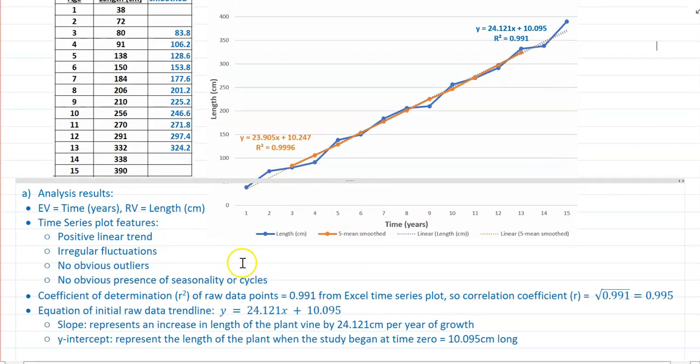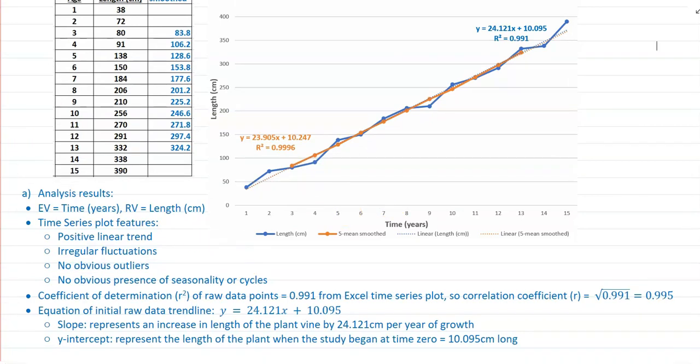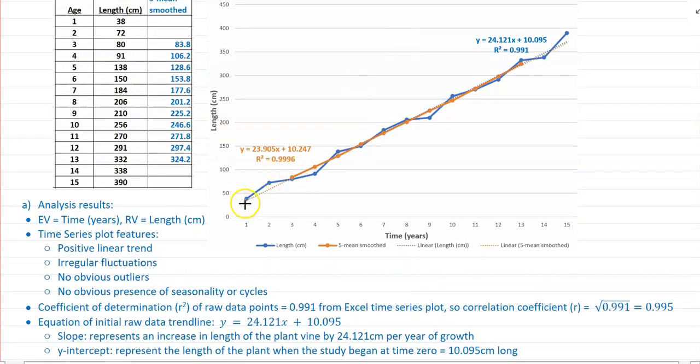In terms of my analysis results, I've got my explanatory variable as the time in years, response variable as your length, because in time series analysis, time is always our explanatory variable. You can see again that strong positive linear association between time and the length of the plant vine.